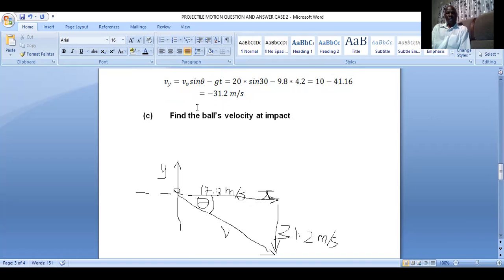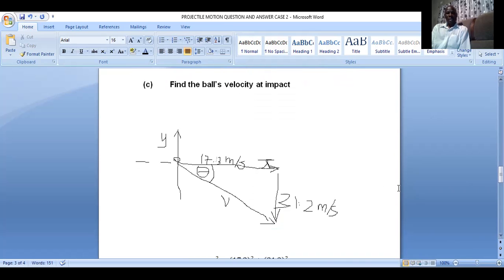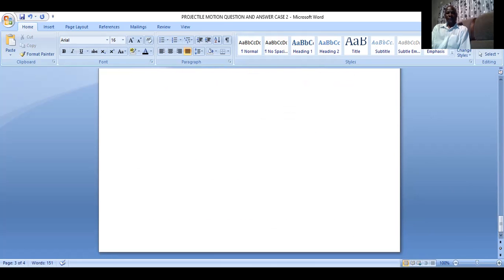Remember, we found negative 31.2, so it has to move in the y-axis, which is 31.2 meters per second, negative.